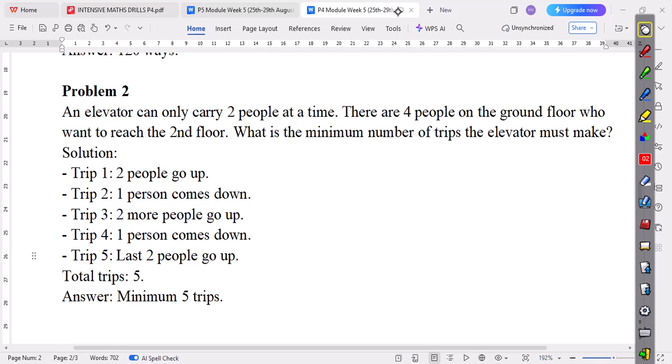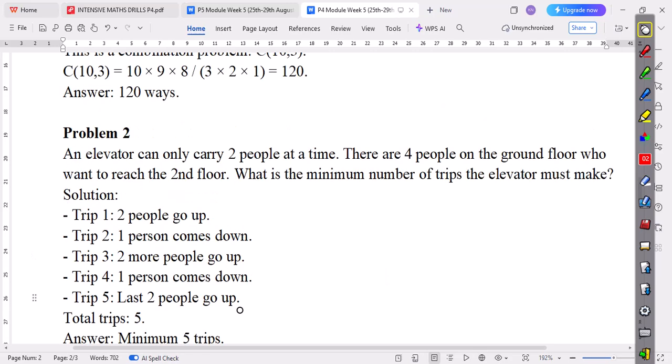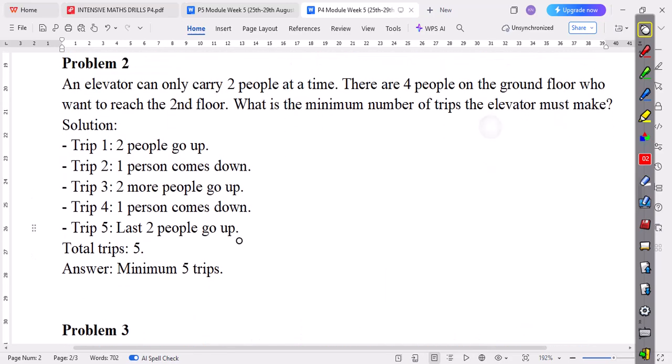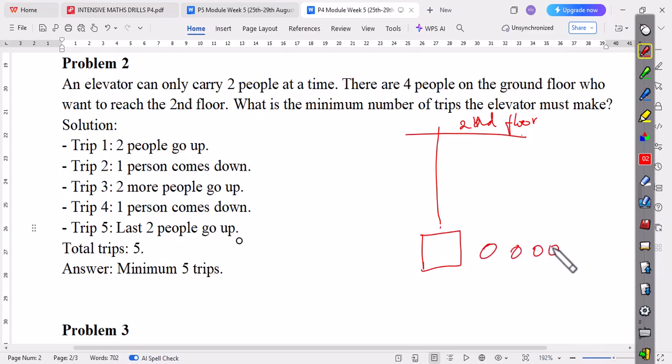Let's say this is the elevator and this is the second floor. There are four people here.